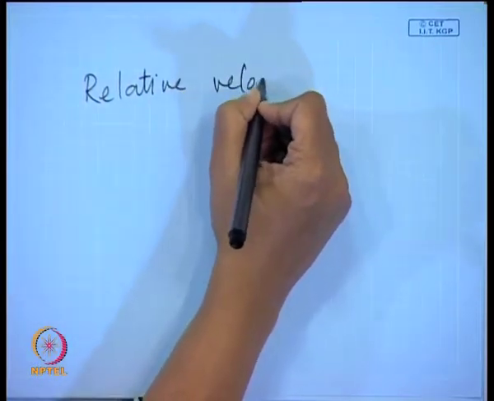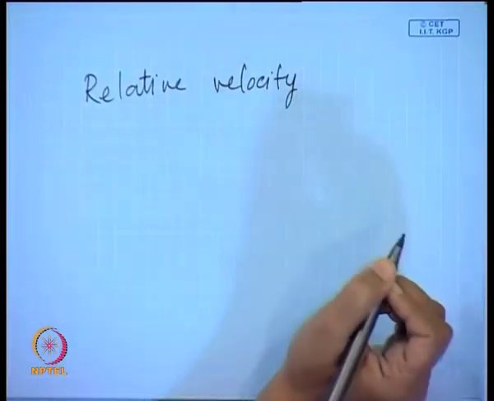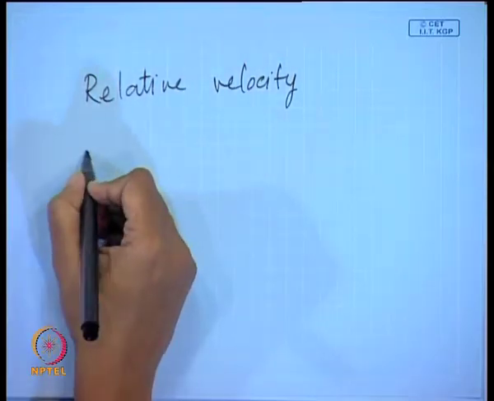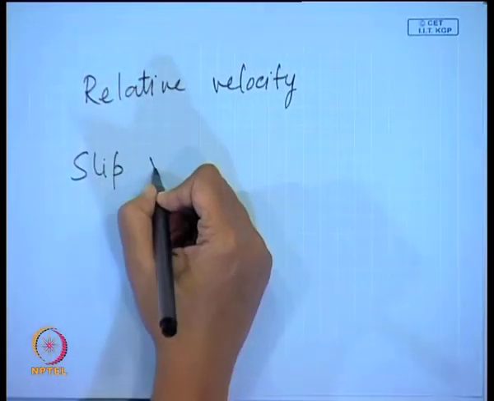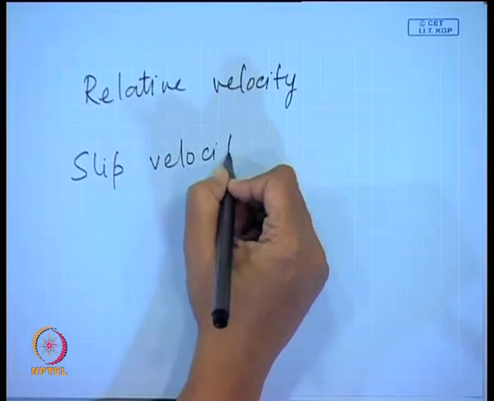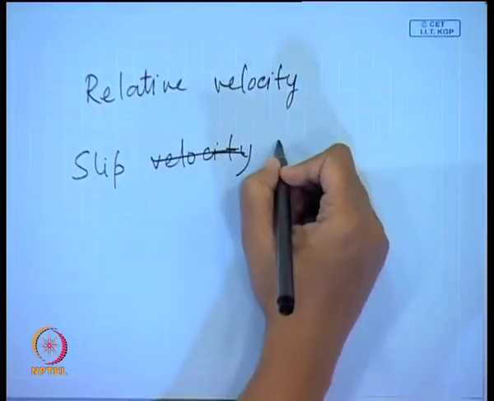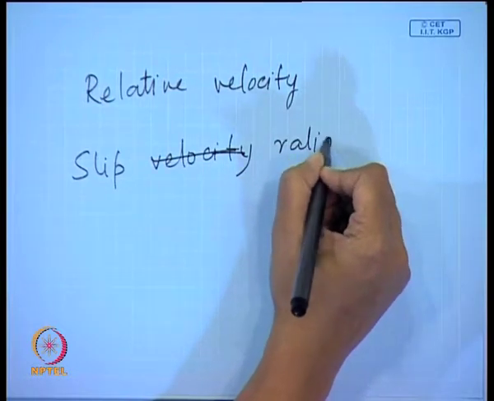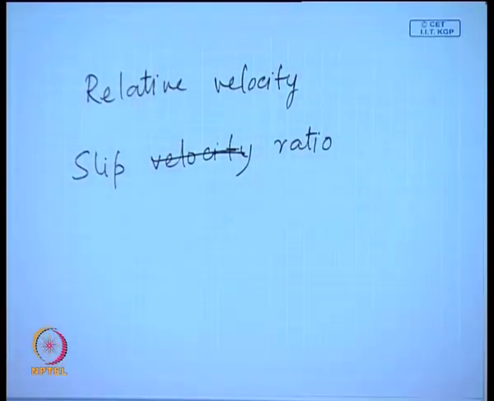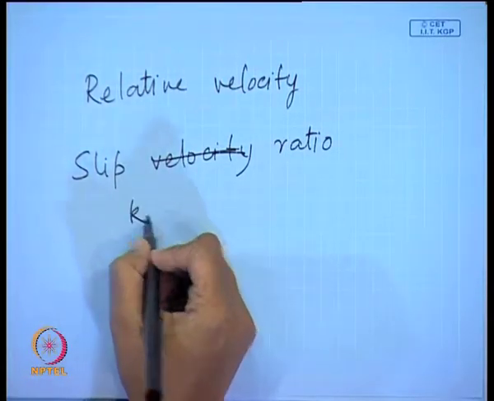Since all the problems arise due to the difference in velocity, the relative velocity and the slip velocity, these two are very important. Or the slip velocity, in other words, is usually known as the slip ratio. These two are very important.